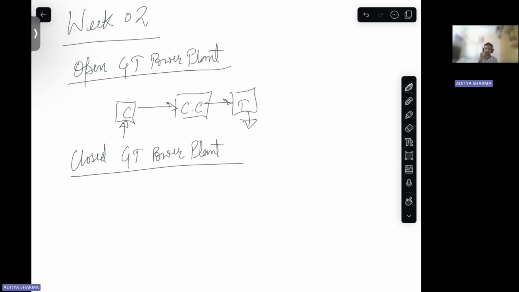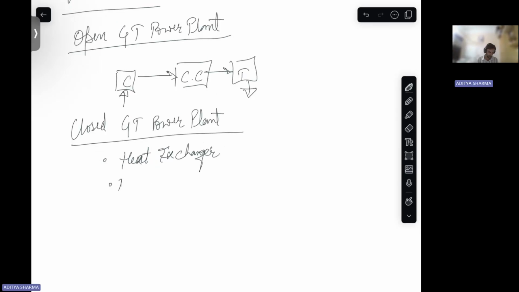We will have a heat exchanger here. Okay. And also a pre-cooler. So after compression, the working fluid will go to the heat exchanger, and then after the increase in its enthalpy, it is going to go to the turbine.